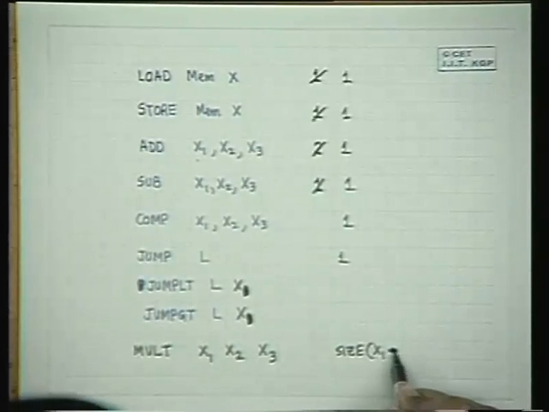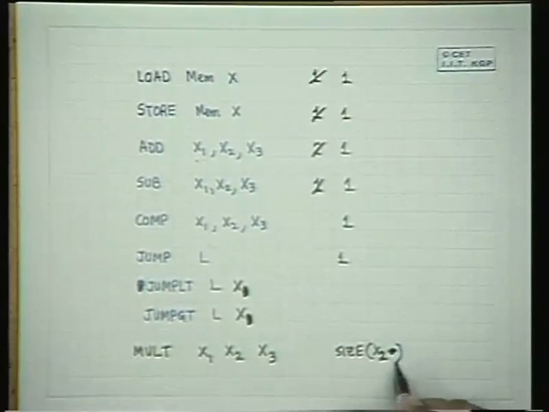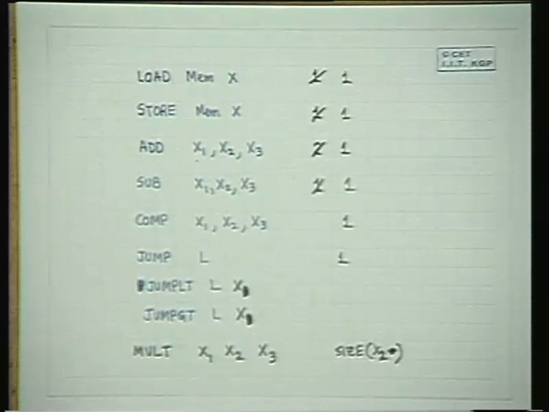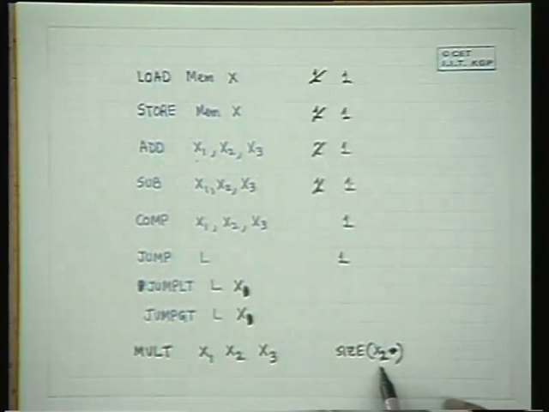How many times do you have to do addition to multiply two elements? You have to do it proportional to the size of the multiplicand. So it will be the size of one of them, the smaller or the larger. If addition is unit time, then this will be the size of x2.